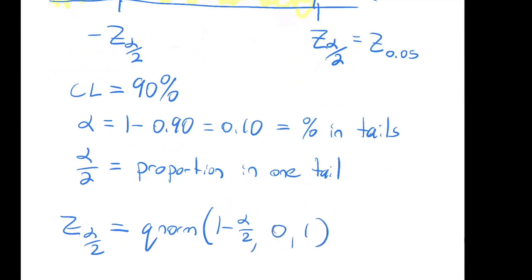So for us, we subtracted that alpha over 2 in some sense. You could think about it as the area in the right tail. It's the area in the left tail because it's symmetric. So when we use the qnorm function, we want to subtract out that area in the right and calculate what proportion of the rest of the area is to the left.